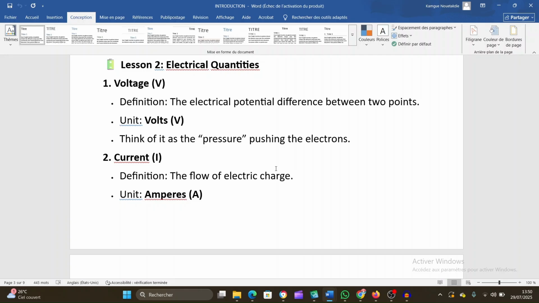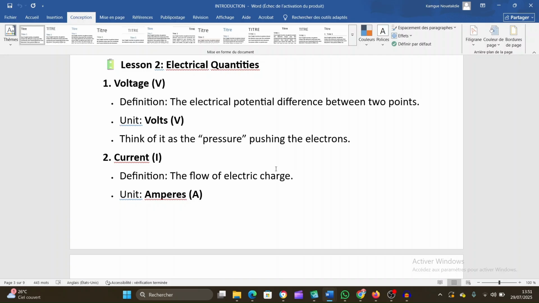Those 2 points where 2 wires or 2 conductors have to enter, live and neutral as we call it, is what we call the potential difference between the 2 points. For a bulb to light well, the difference should be 220 V. So when you have this 220 V, it means that the difference between the 2 points is correct. That is what we call voltage.